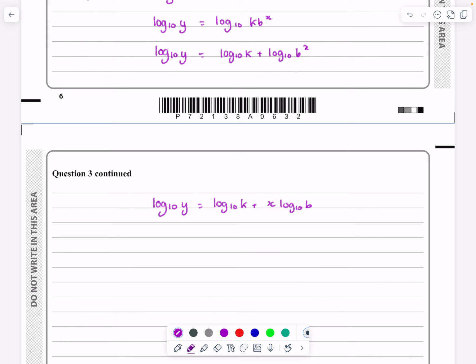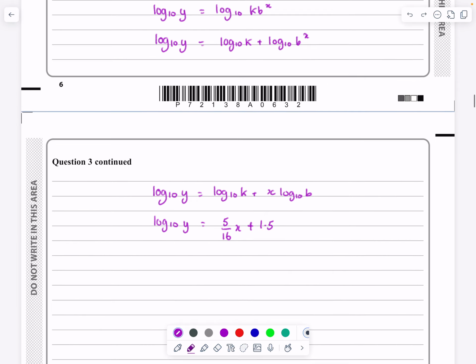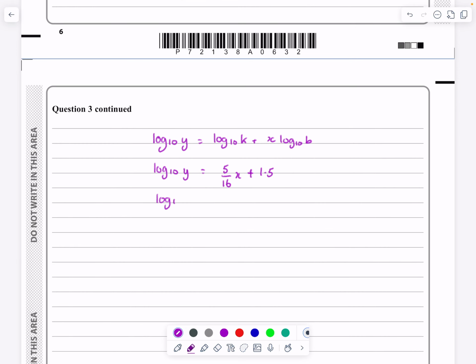And now what I can do is pretty much make a direct comparison between that and what I had previously. So I had log 10y is equal to 5 over 16x plus 1.5. So here we've not got these quite the right way around, but that's no problem. We can just rewrite that then as being log 10y equals log 10b all multiplied by x plus log 10k.